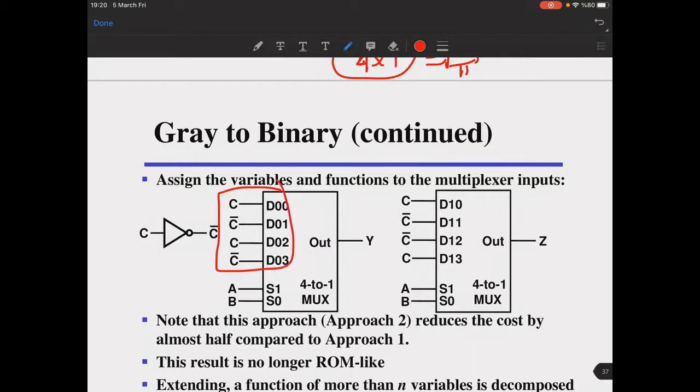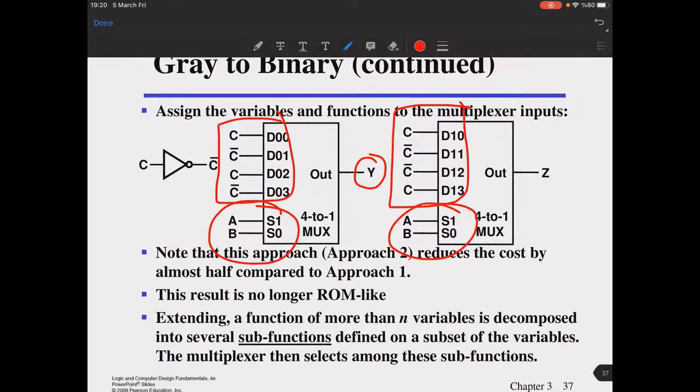You have this provided for Y here, and these are your selection inputs, and you have this for Z as inputs, and these are your selection inputs again. So you see that the cost of the circuit is almost cut down to half here, and this is a much more convenient and efficient implementation of this circuitry. But this structure is no more read-only memory like. It's something unique to this type of implementation anyway.